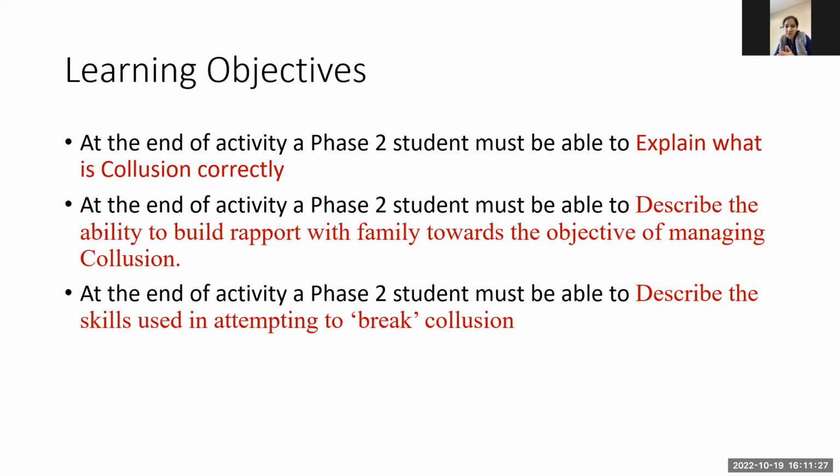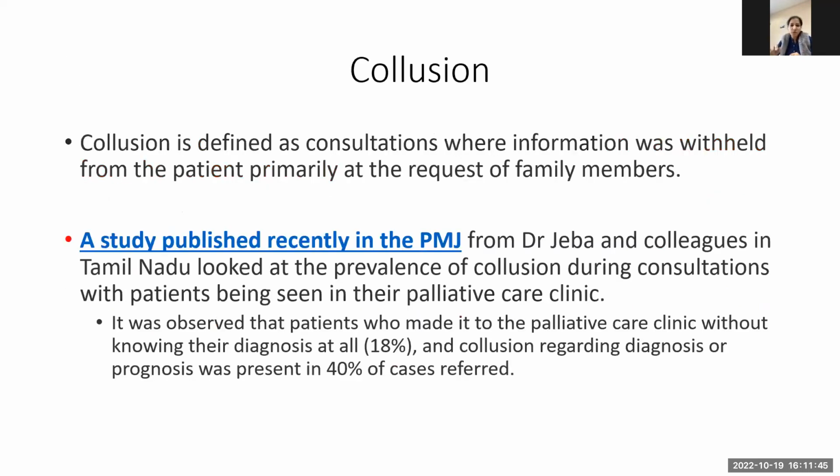At the end of the activity, the phase 2 student must be able to explain what collusion is correctly, describe the ability to build a rapport with the family towards the objective of managing collusion, and also describe the skills used in attempting to break collusion. So these would be the learning objectives, what the student must achieve at the end of this session.